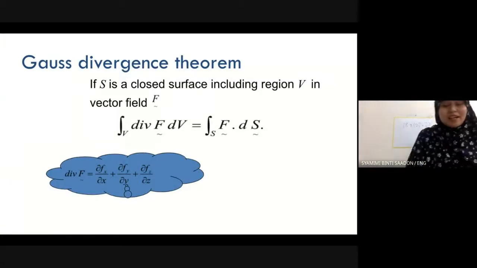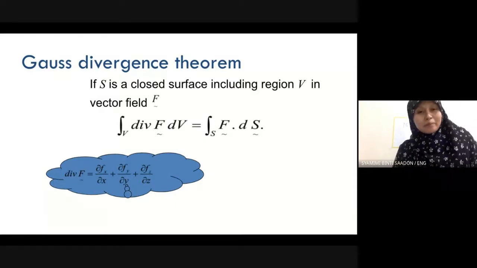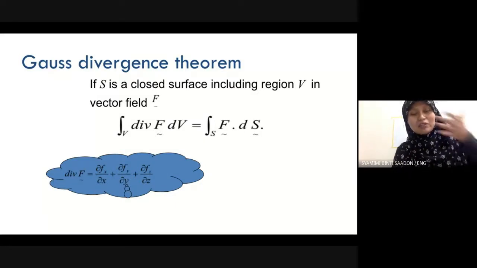The last few slides are actually theorems, like Green's theorem just now.